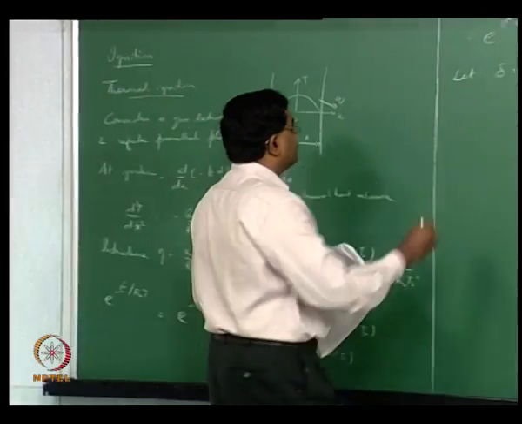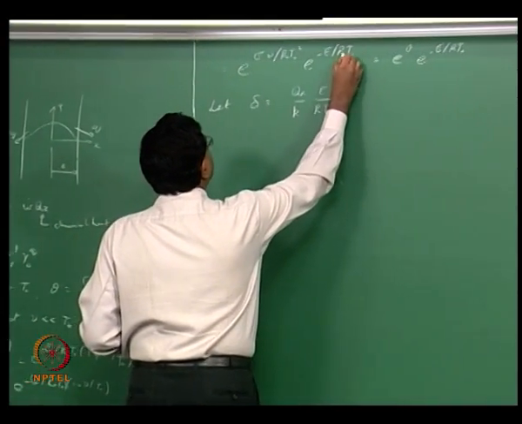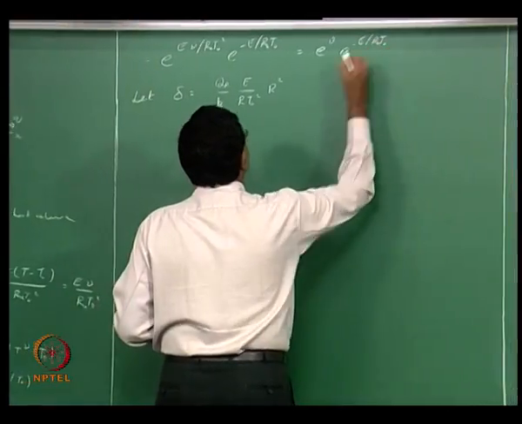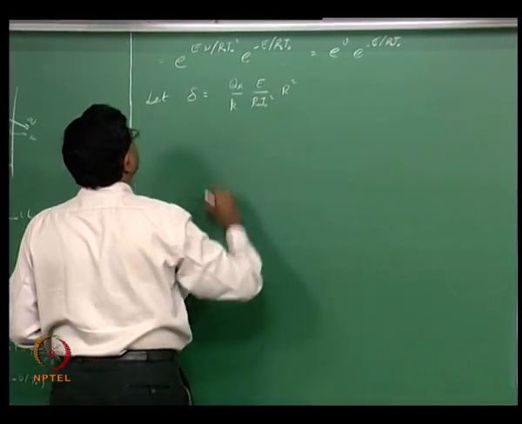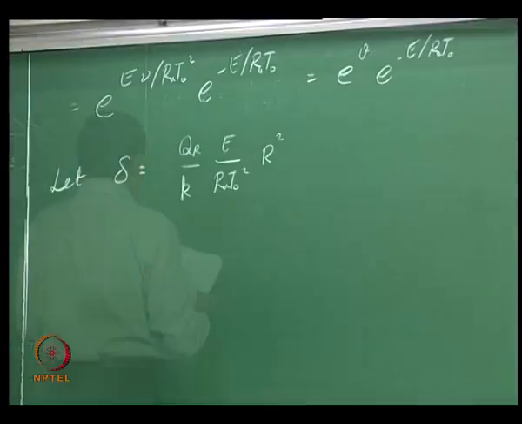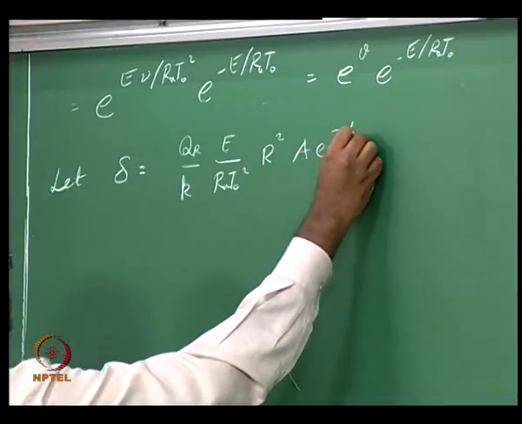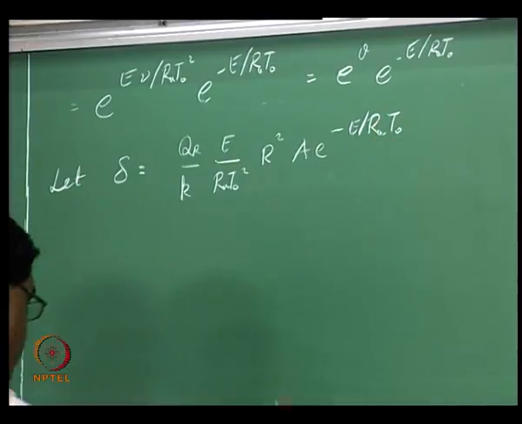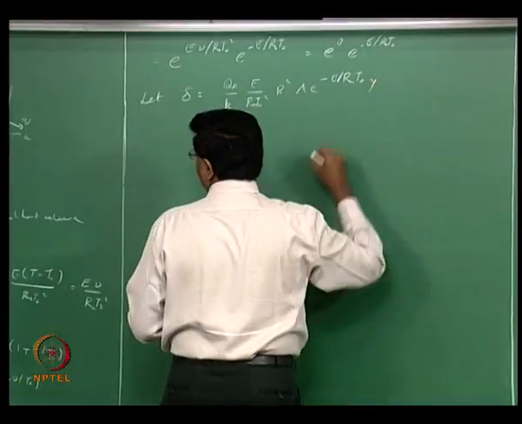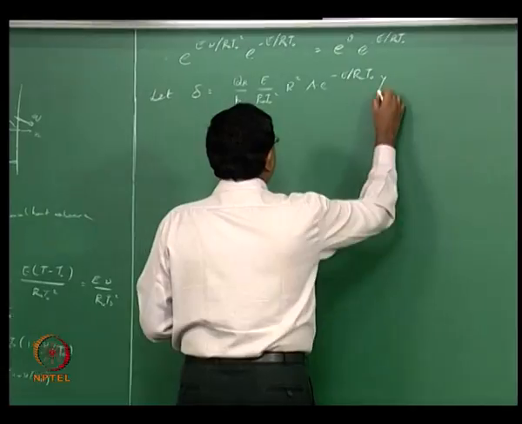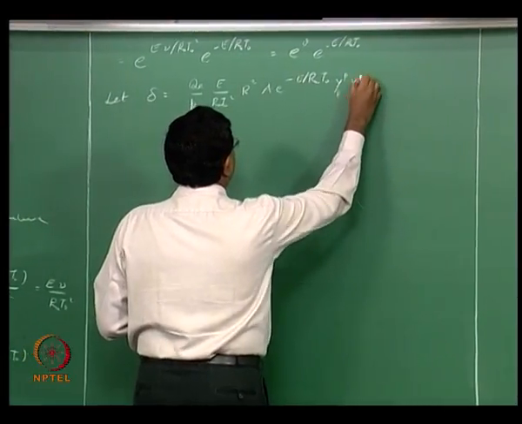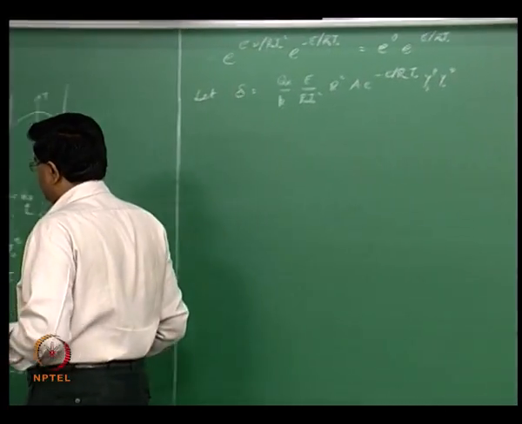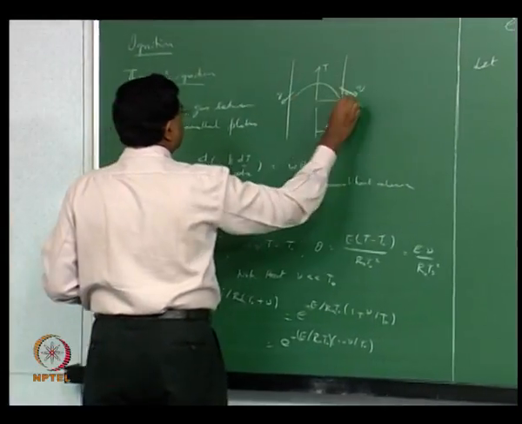So delta equals q_r over k, E over R_u T naught squared, capital R squared, A e to the minus E over R_u T naught, Y_F to the power p, Y_O to the power q. So just in case, maybe we can go back and put q dots there.